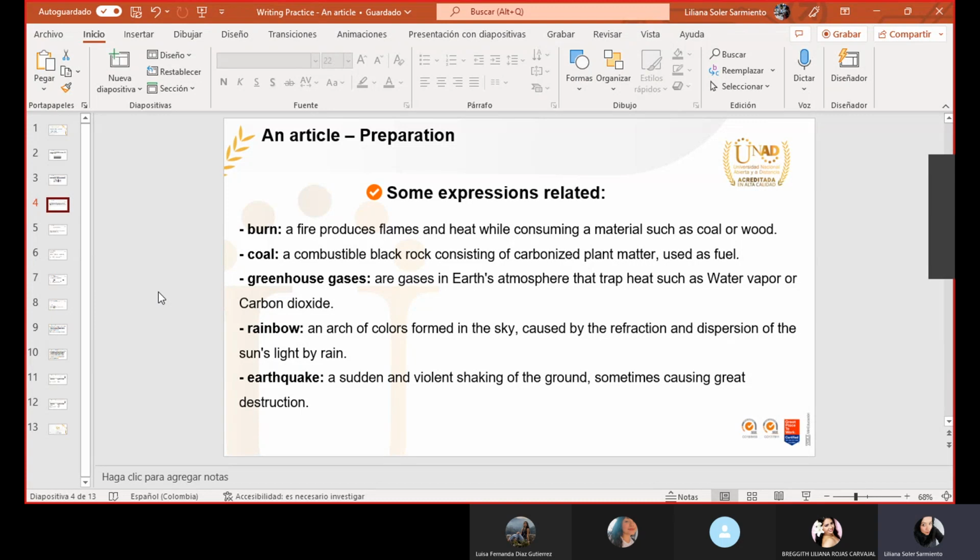Karen Cecilia, could you read the following expression, please? Yes, teacher. Coal: a combustible black rock consisting of carbonized plant matter used as fuel.